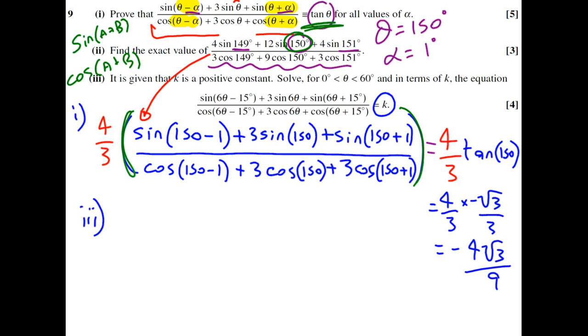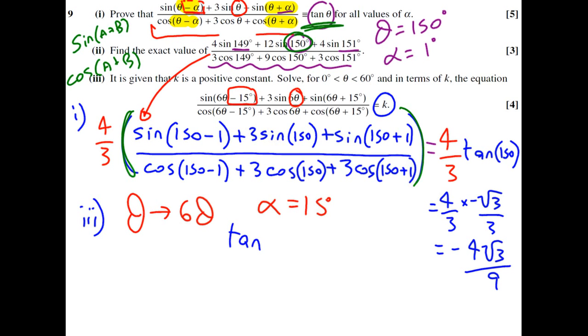The angle theta here, in this case, is 6 theta. But what else have we done? Minus 15 degrees is corresponding to the alpha. So alpha equals 15 degrees.